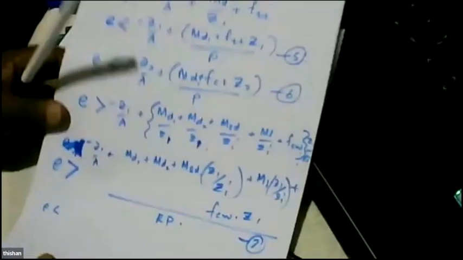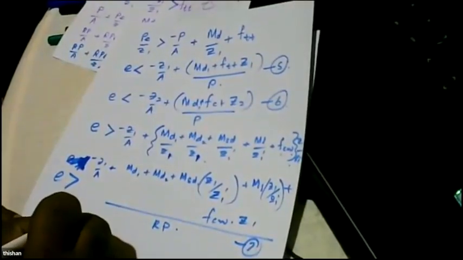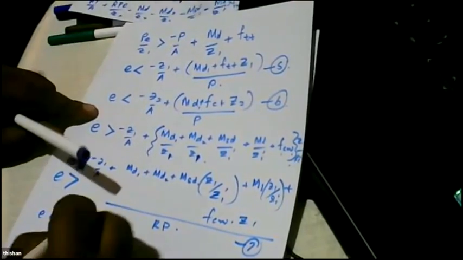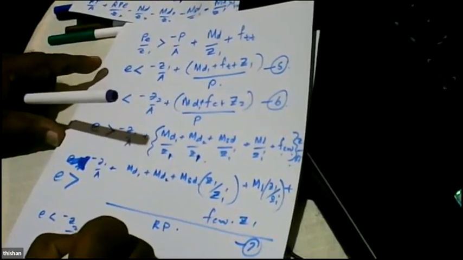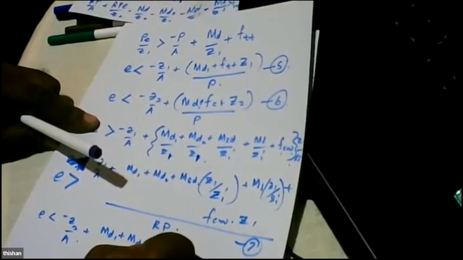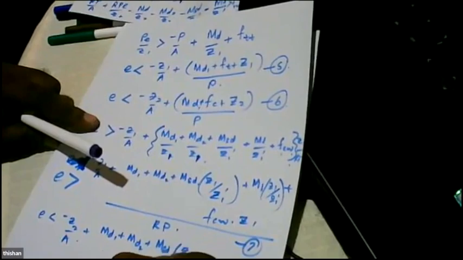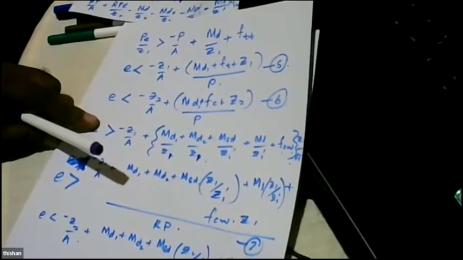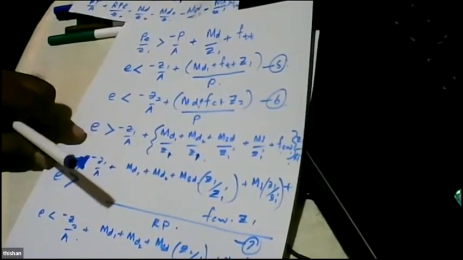And the last equation will be, it should be less than minus Z2 over A plus, here you get MD1 plus MD2 plus M superimposed dead load Z2 over Z2 dash plus ML Z2 over Z2 dash plus FTW Z2 divided by P. Same equation.